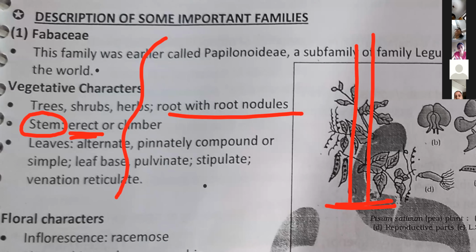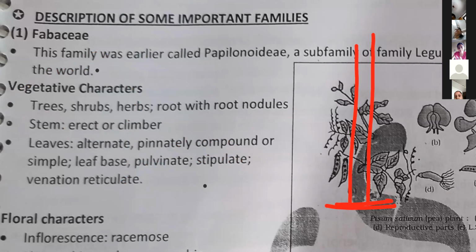Yes or no? A long coil structure, tendril. The axillary bud terminates into this. So some are climbers in which this tendril formation occurs, and some are erect.